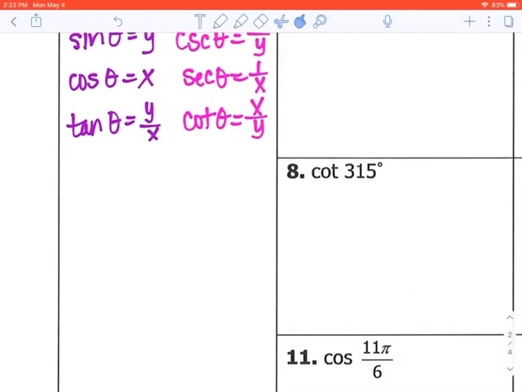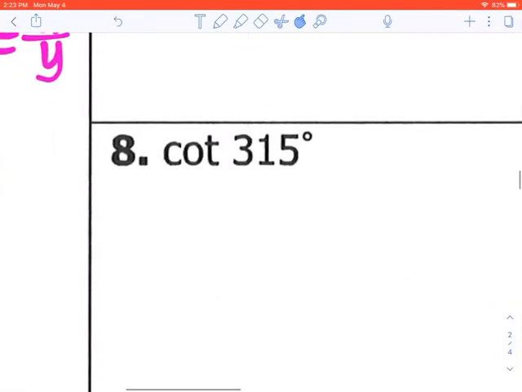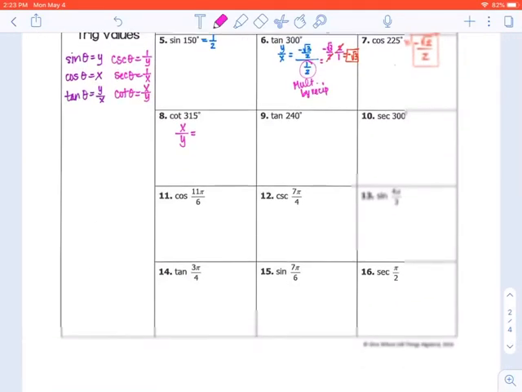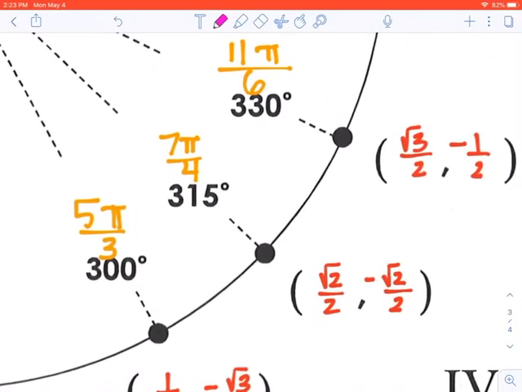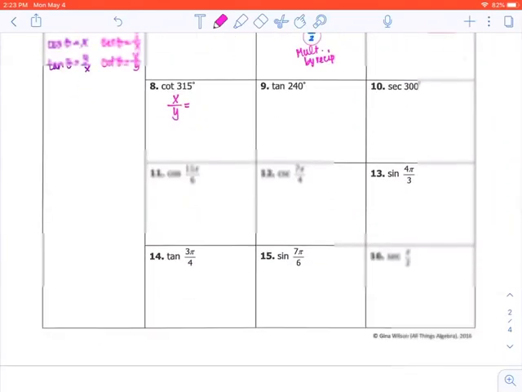So when I go to cotangent of 315 degrees, you could do it a couple ways. If you're familiar with your tangent values, you could just take the reciprocal there, or you can actually do the x over y. You'll start seeing the patterns. So I'm going to go to 315 degrees and look at my x and my y. I see it's root 2 over 2, negative root 2 over 2.